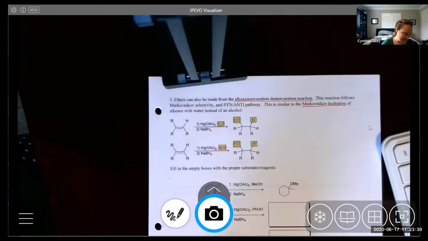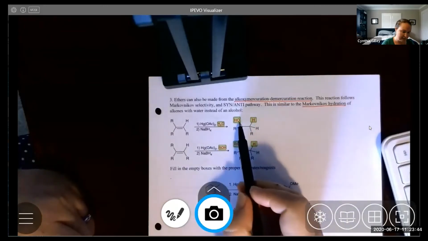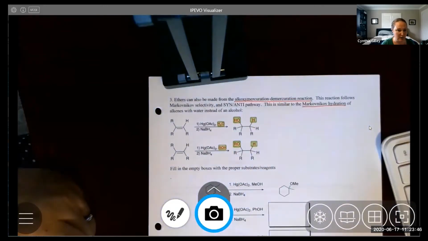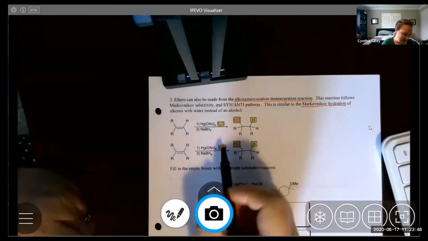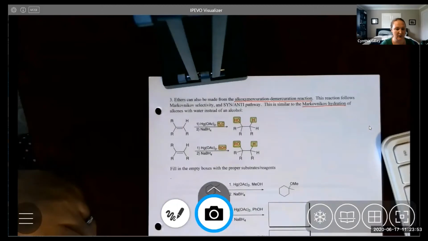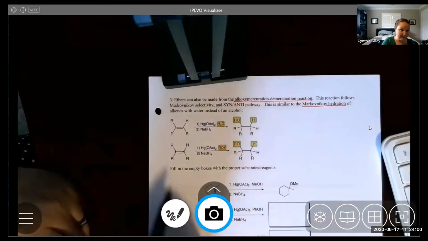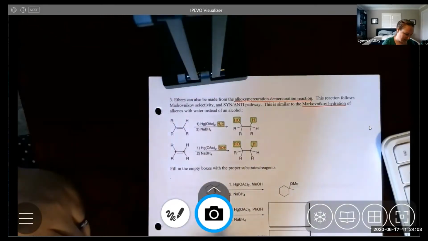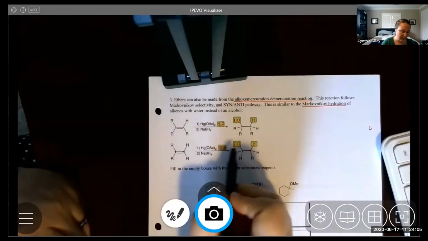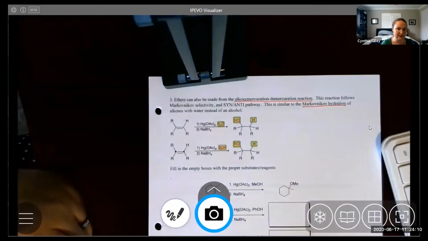The only difference is, instead of adding water in the first step and making the Markovnikov hydration alcohol, we add alcohol, and then we end up with an ether. And it still undergoes Markovnikov regioselectivity, which basically means look at the two carbons. This one is more substituted, so the ether ends up there, and the smaller hydrogen group ends up on the less substituted carbon.